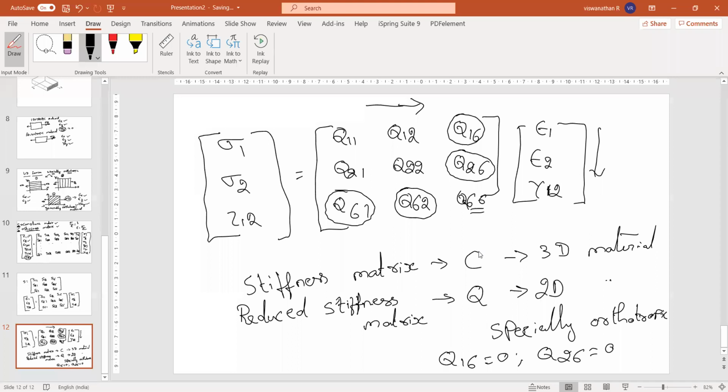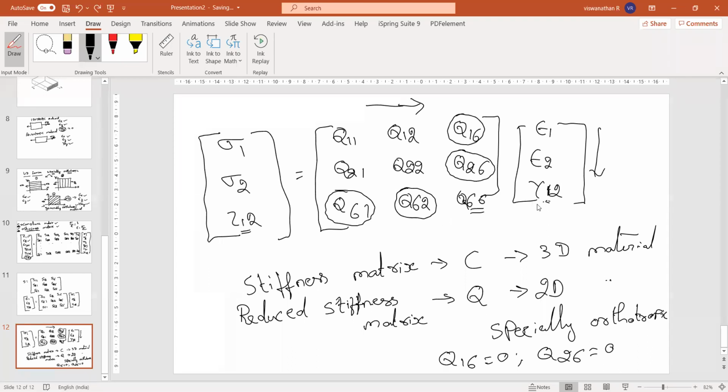No, sir. You have the shear stress here. When you multiply the shear strain with this, you get the shear stress, right? Yes, sir. Correct. So this is possible. What is this term actually? Q66.